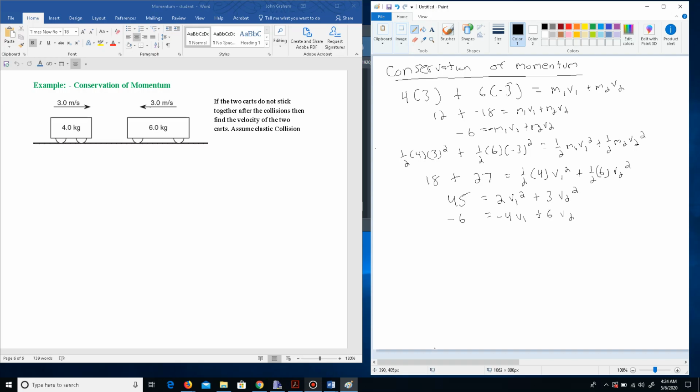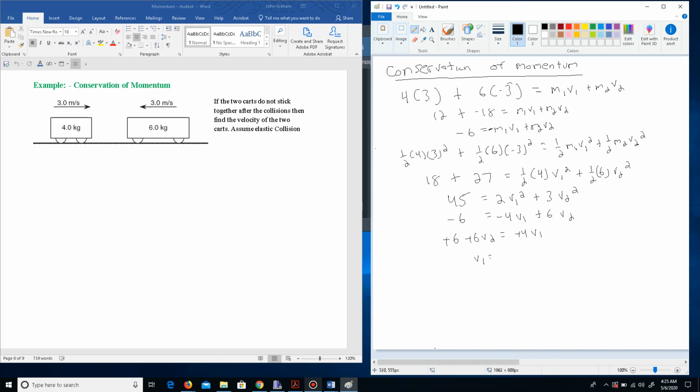So what we can do is we can solve for one of these and plug into the other one. So if we solve for, say, which one did I solve for? v1. So -6 minus 6 v2 equals -4 v1. And then multiply the negative sign over, that makes these all positive.